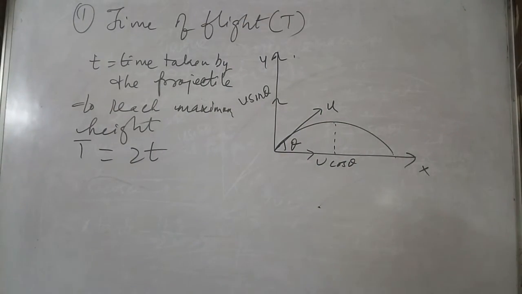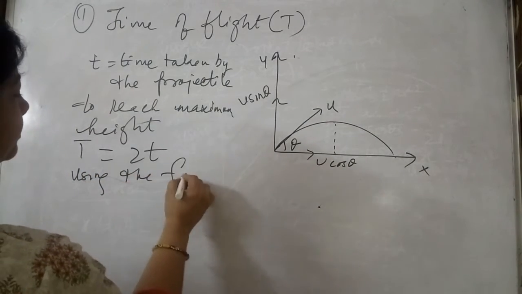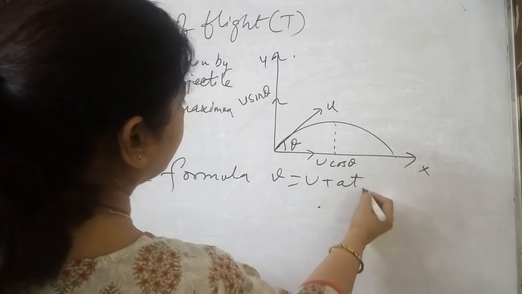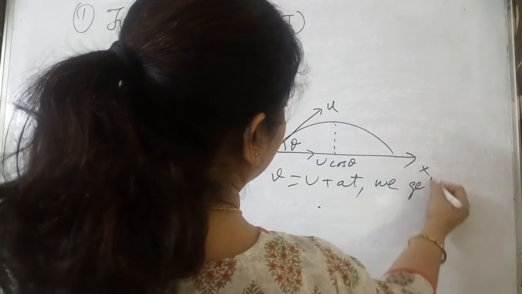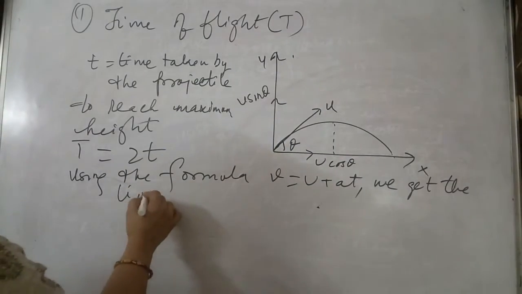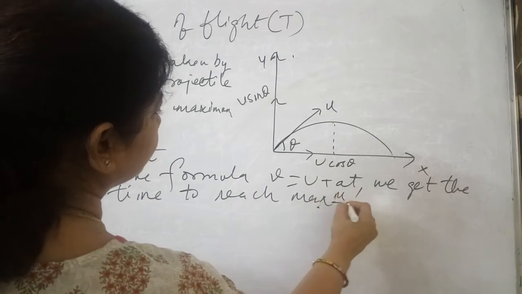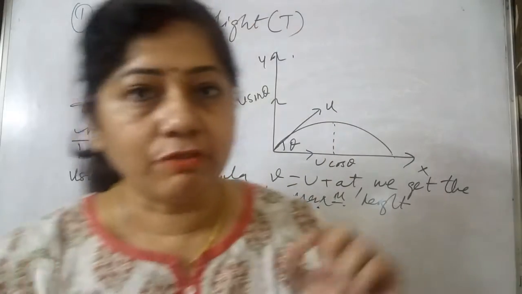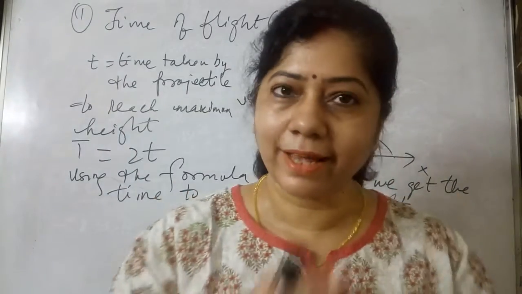Here v is the final velocity, u is the initial velocity, a is the acceleration, and t is the time. You all know this.